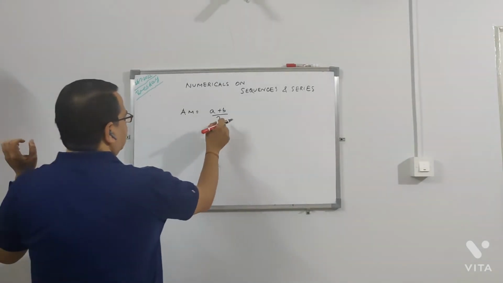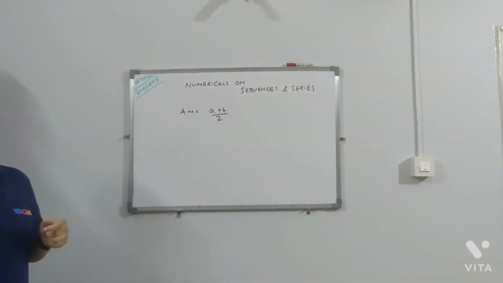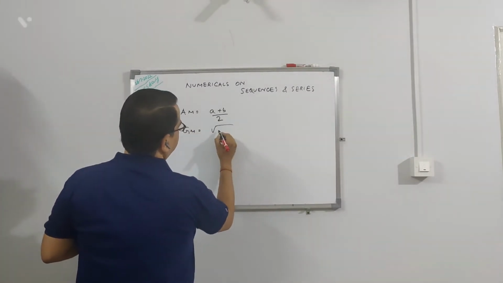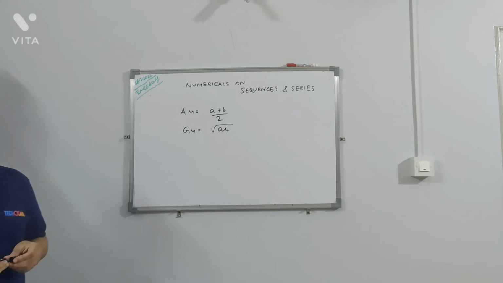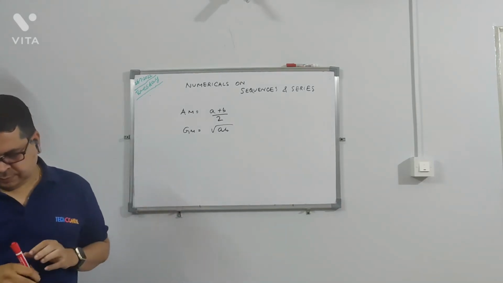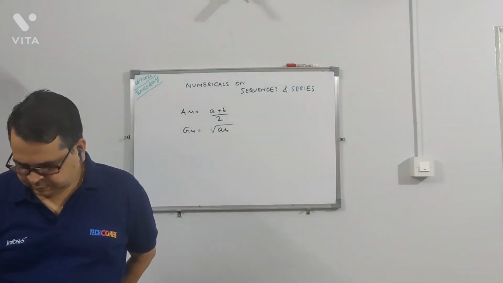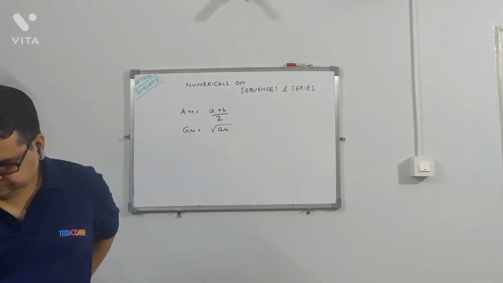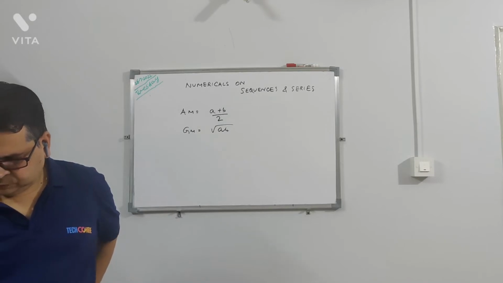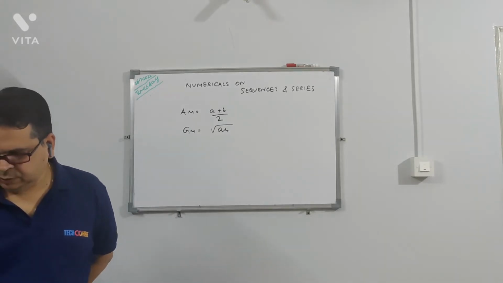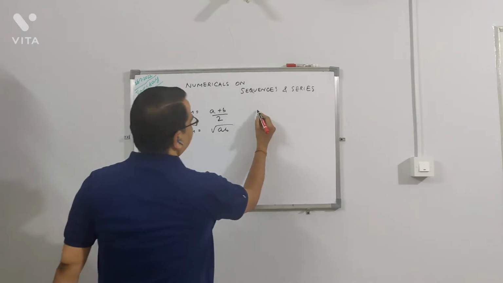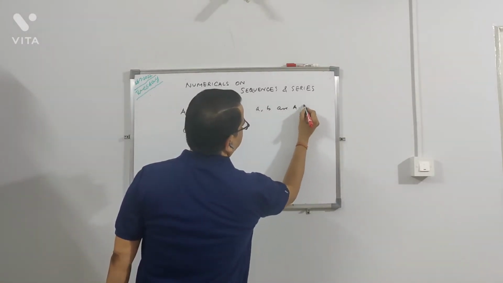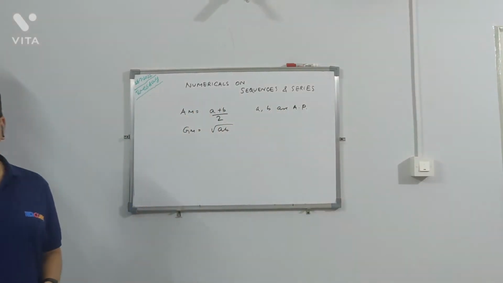If there are two numbers A and B, the arithmetic mean is (A plus B) by 2, and the geometric mean is square root of AB. For any two numbers, A and B have to be in arithmetic progression, then only the mean is (A plus B) by 2.